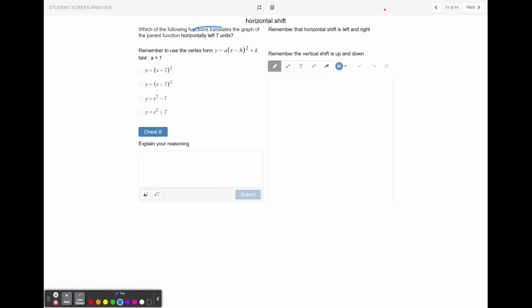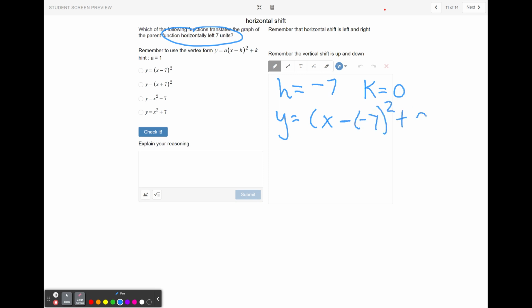Okay, so it says horizontally, so h, left 7, so that's negative 7. It does not say anything about my vertical movement, so it's going to be k equals 0. So then I'm just going to plug it in. It's x minus our h value plus 0.